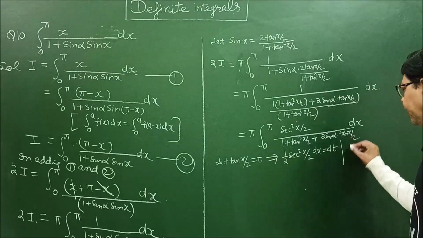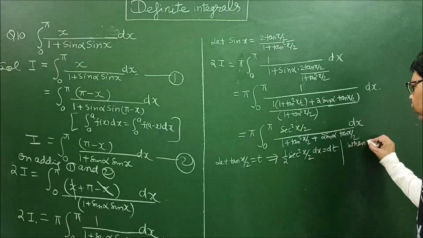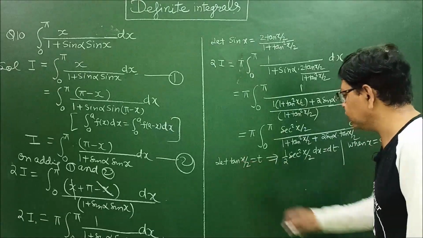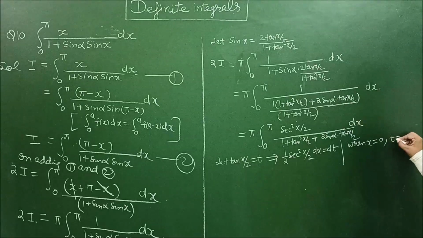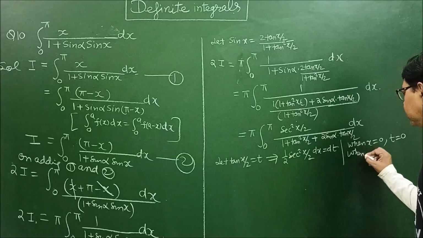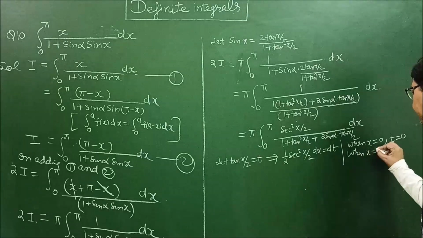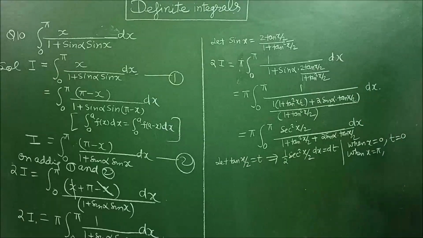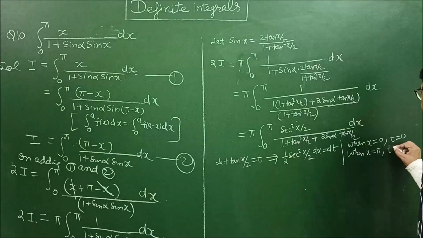When x is equal to 0, the value of t is 0, and when x is equal to pi, the value of t is tan pi by 2, which is infinite.